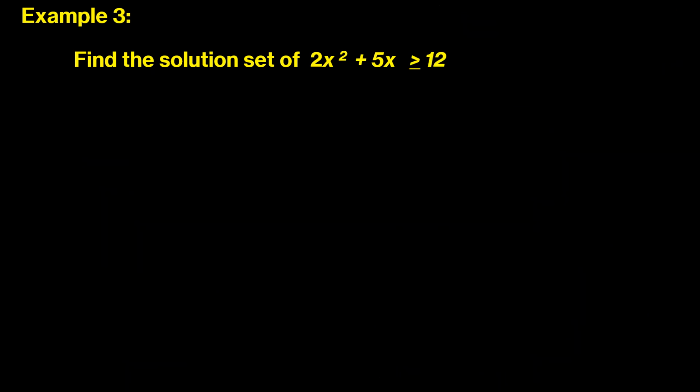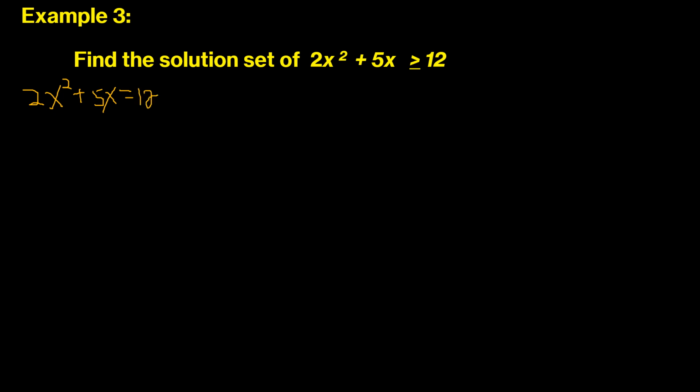Here's our next example. Find the solution set of 2x squared plus 5x is greater than or equal to 12. So again, we have to transform the inequality first into its corresponding equation. So we have 2x squared plus 5x is equal to 12.